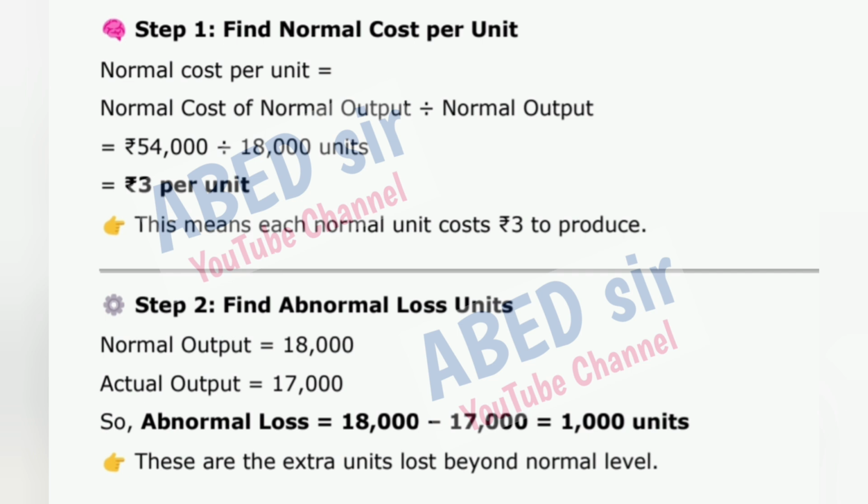Step 2. Find abnormal loss units. Normal output is equal to 18,000. Actual output is equal to 17,000. So, abnormal loss is equal to 18,000 minus 17,000 is equal to 1,000 units. These are the extra units lost beyond normal level.